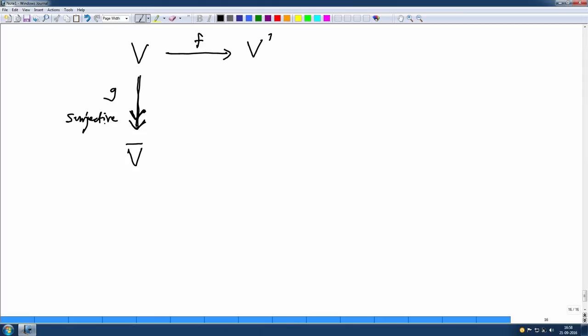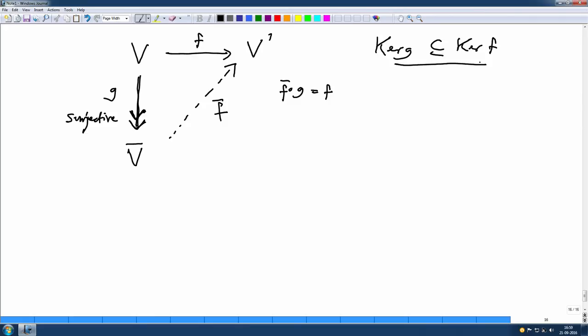And then we know that when does such a map f bar exist with this diagram commutative, that means g compose f bar is same as f. That is only when the condition is kernel of g should be contained in kernel of f. This is important.